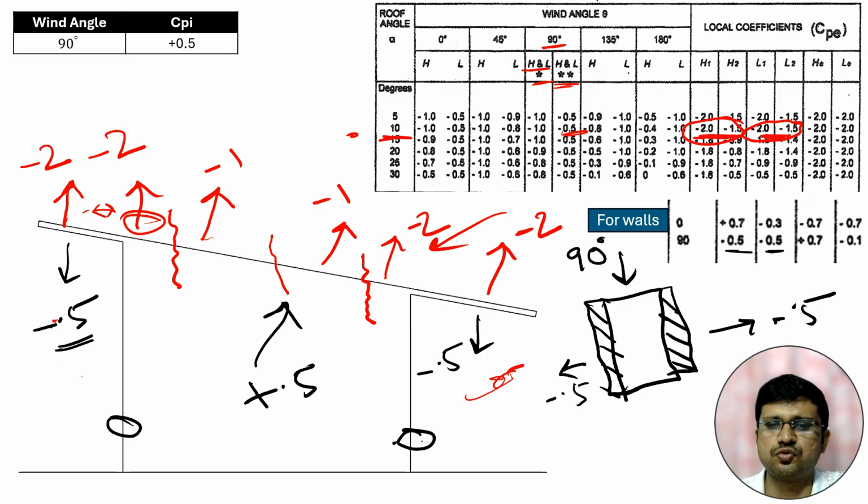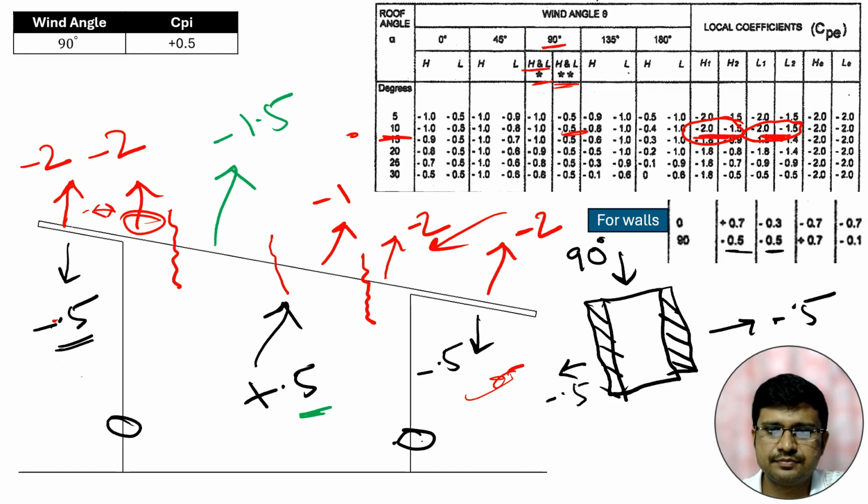So -0.5. What will be the CP minus CPI? Here it will be -1 minus 0.5, because CPI is 0.5. So -1 minus 0.5 will be -1.5. Here it will be -1.5.